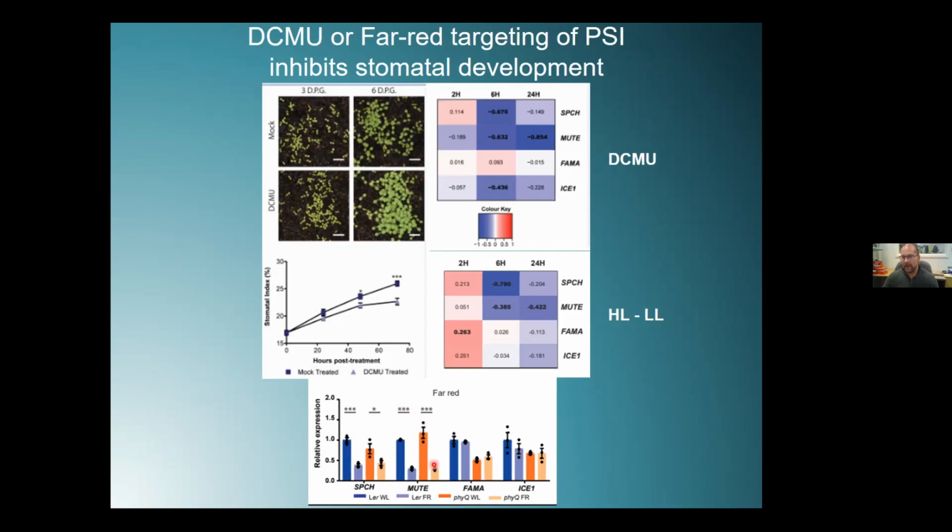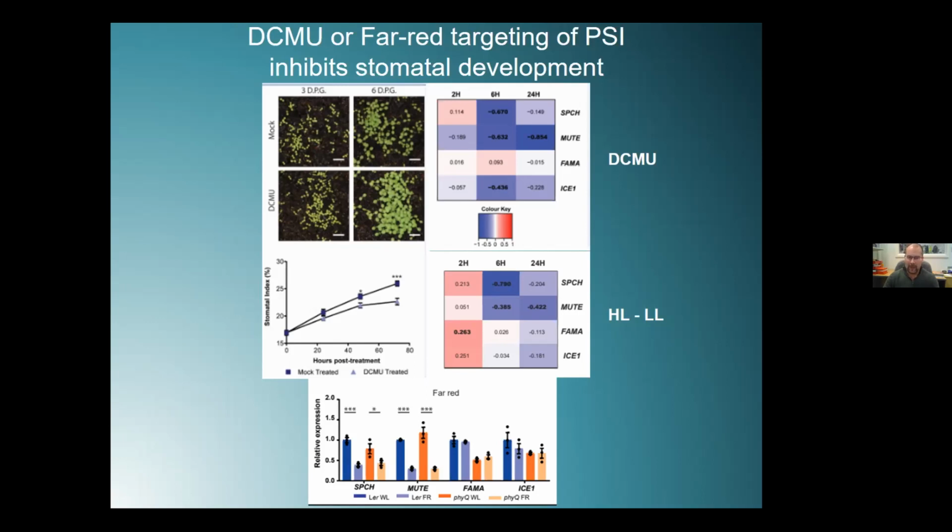So the effect of far red light here is independent of the phytochromes, and is still leading to downregulation of stomatal development. And so our conclusion from this, along with a lot of other work that we'll see in the Current Biology paper, is that the redox status of the plastoquinone pool is involved in regulating stomatal development.